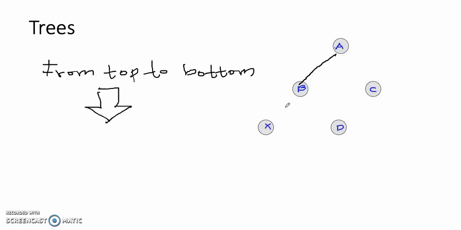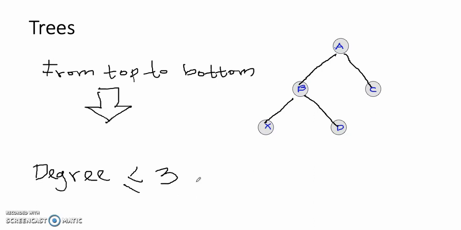So we start at A, and we may go into B. There is also an edge connecting A and C. And then B connects to a vertex called X, and B is also connected to a vertex called D. The other characteristic here is that the degree, the number of edges or links from a given node, is at most 3. It may be 1, 2, or 3, but it doesn't exceed that. The nodes do not have more than 3 links or connections.